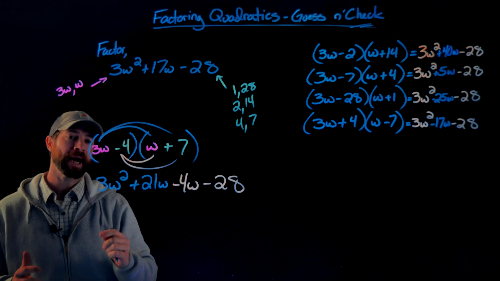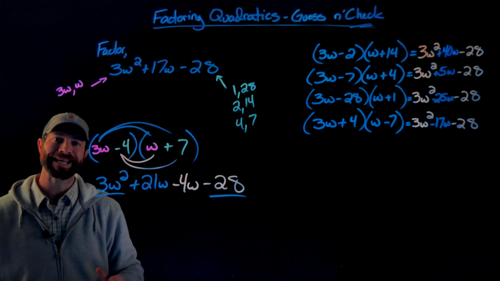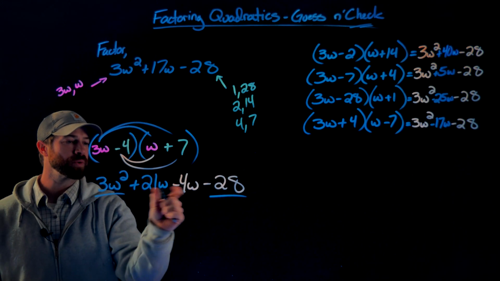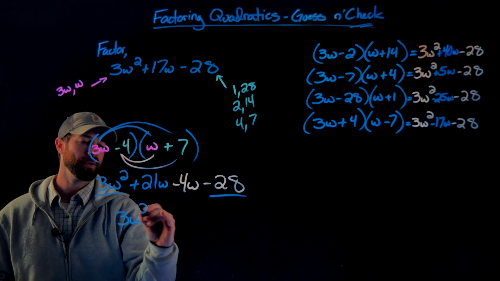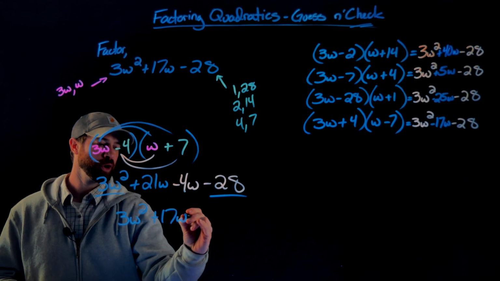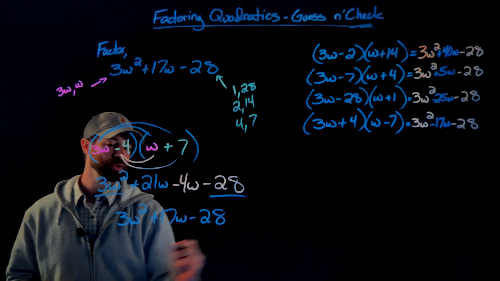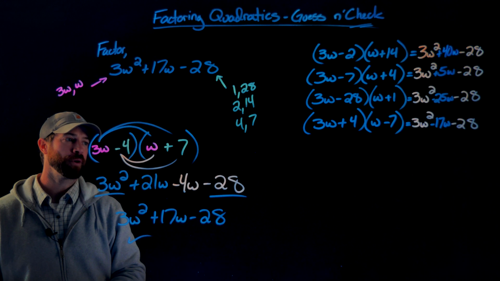To say it again, I knew I was going to get the 3w squared and the negative 28. I wasn't going to guess anything else that didn't produce those. But in this case, I have a plus 21w and a minus 4w, giving me a final checked form of 3w squared plus 17w minus 28, meaning this is the final factored form.